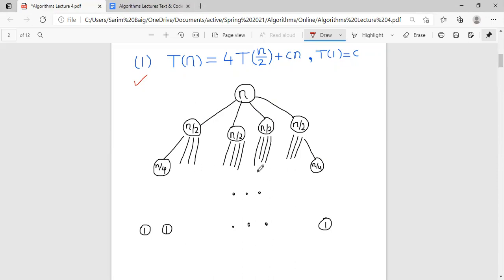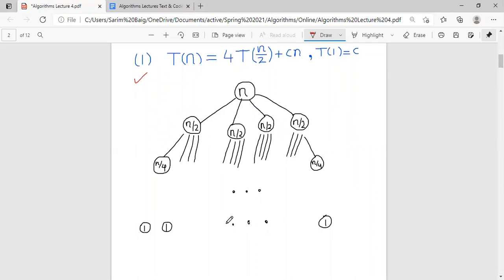I have not shown all of them, but if you count these lines, there are 16 calls here, and each is of size n by 4. And this continues. And then we have the last level where we have all the ones. Now at this point, I want to say something because there has been an assumption that I have been taking in these analyses, and I have not talked about that assumption.